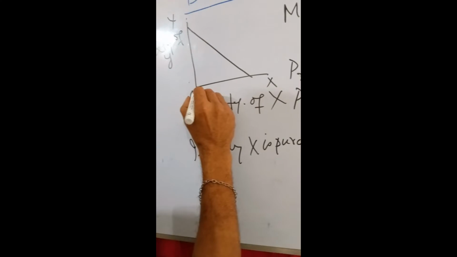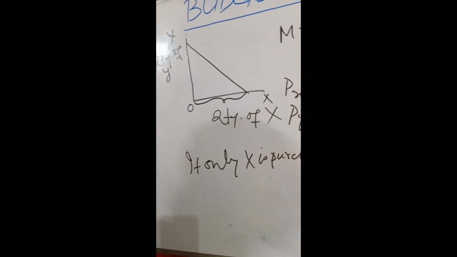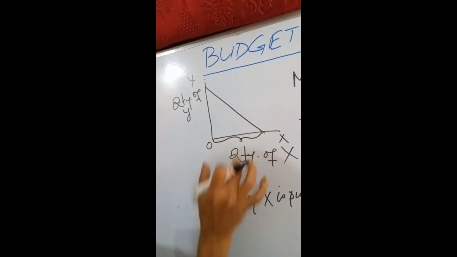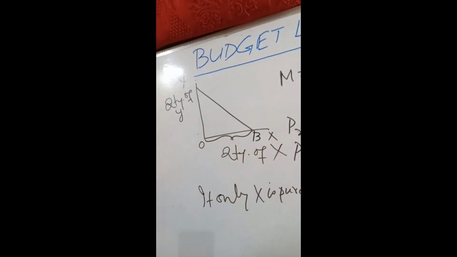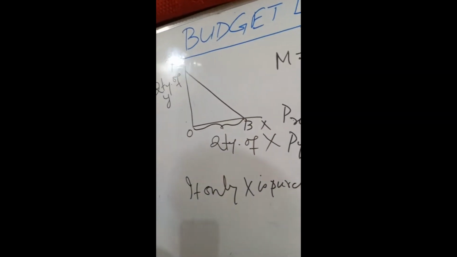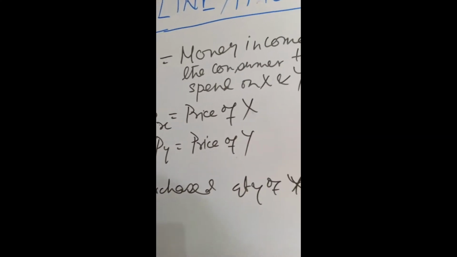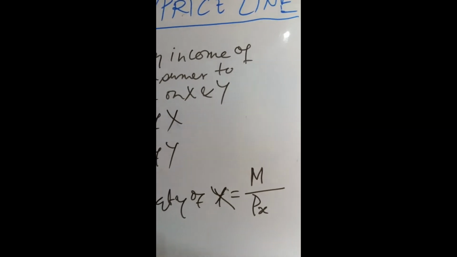So this length is M by Px. We call it B. And if the consumer purchases only Y, that is, he spends all his money on Y, then he will be able to purchase how many units?